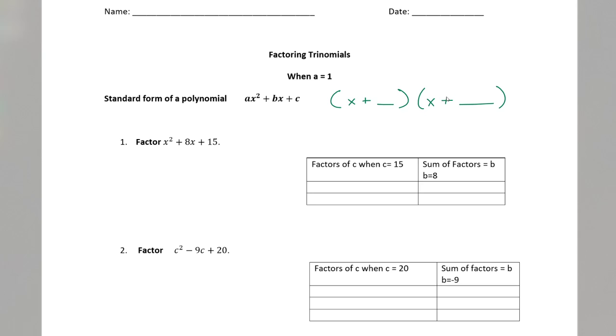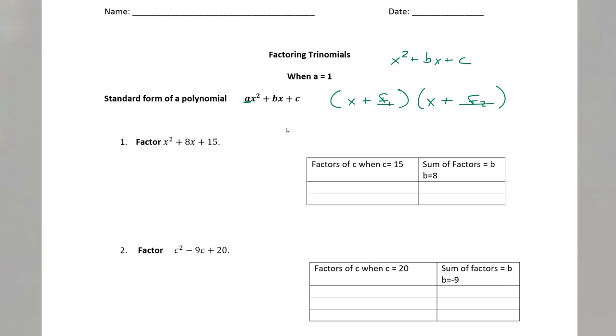This could be a subtraction symbol depending on your terms. You'll have some factor, we'll call that factor 1, and some factor 2, and those are factors of your C. For this lesson, we're going to deal with A only equaling 1, so you'll see terms of this nature throughout each problem.